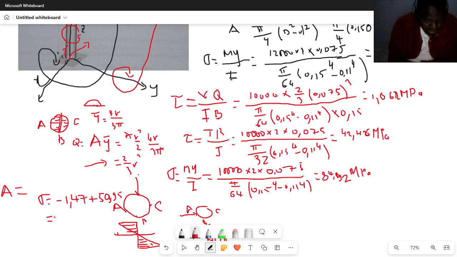The sign is not always depending on the nature of the force. Let's say that it's compressive or tensile, yeah, it depends on the nature of the force. Because you can see that the 50.95, is it not compressive?